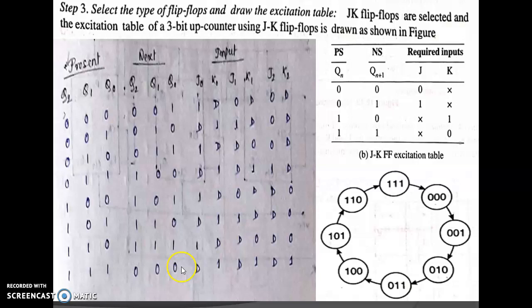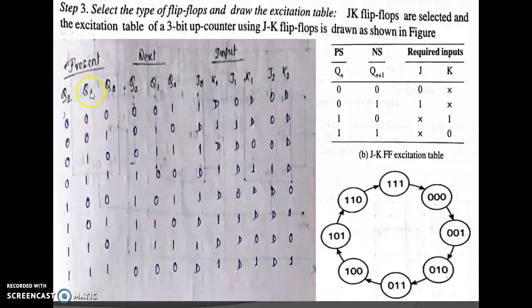Okay, with the help of the JK excitation table, I will create the excitation table of the problem. When we find the excitation table of the J0 K0 flip-flop, we need to work on the present state Q0 value and next state Q0 value.